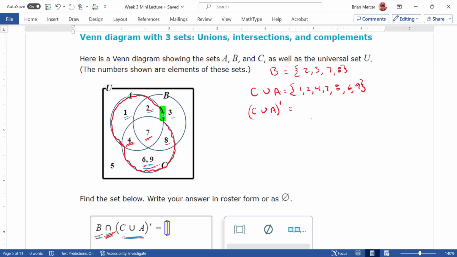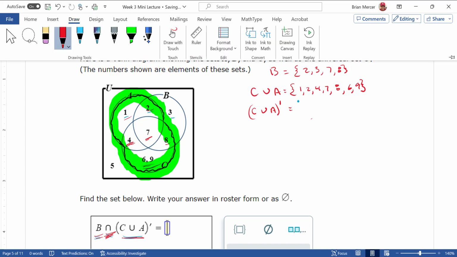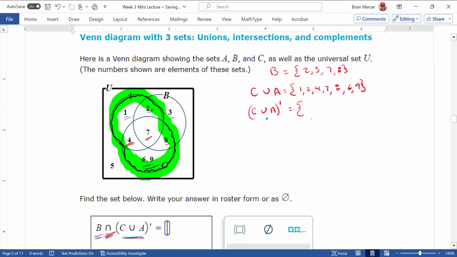I bust out my green highlighter, and I'm going around everything inside my green highlighter. That's the union of C and A. Everything outside the green highlighter is the complement, in other words, everything not in the union of C and A. That's pretty straightforward. That's just 3 and 5. Those are the only elements not in the union.